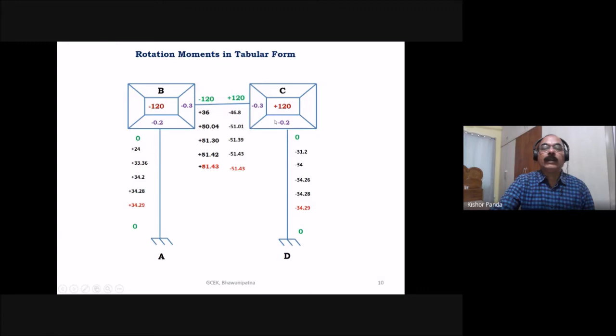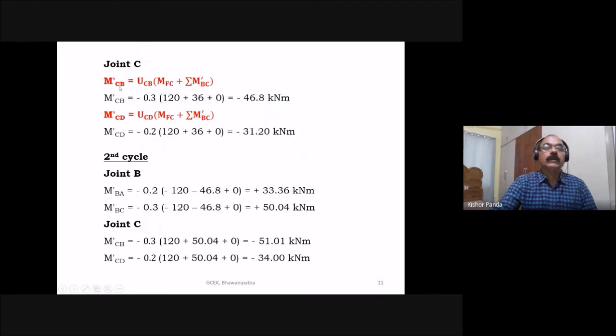And what is the fixed end moment of joint C? 120. And you know the rotation factors UCB and UCD. Then you can find out the near end rotational moments M dash CB and M dash CD. This is joint C. M dash CB is equal to UCB into MFC plus summation of M dash BC.